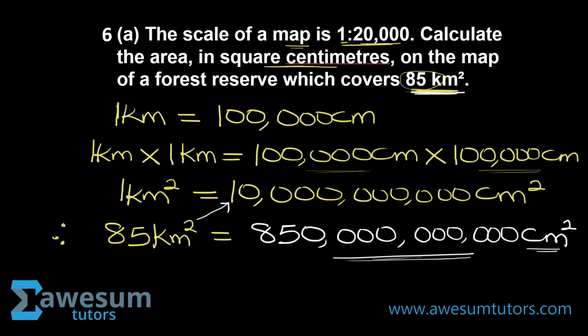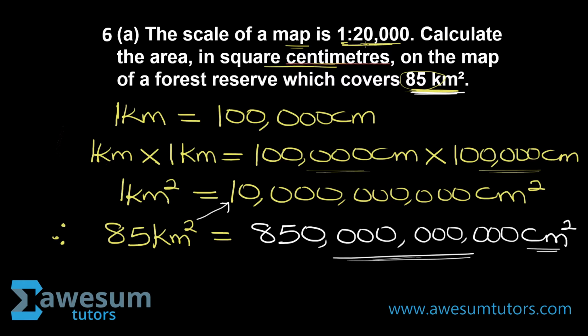It says that the scale of a map is 1 to 20,000. So this means 1 centimeter on the map equals 20,000 on the ground. The question says calculate the area in centimeter square. That's how we got to know that this is in centimeters.